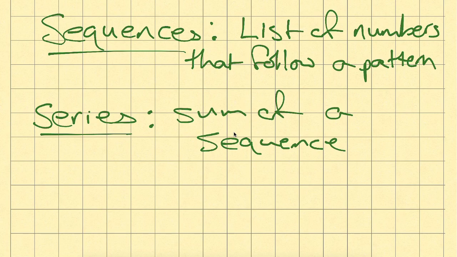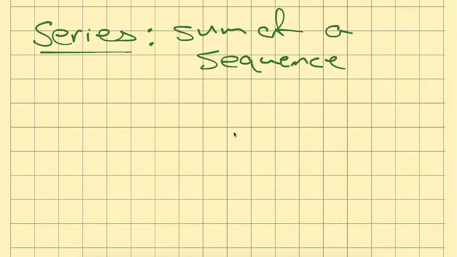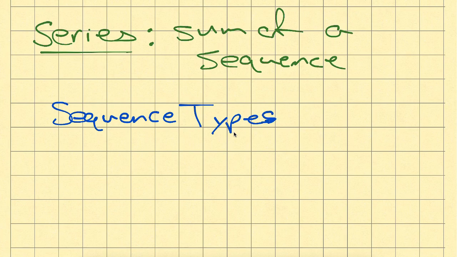Okay, so now beyond that we have a couple different things that you gotta know about. You gotta know the three types of sequences we have. The first one that we talked about was recursive.